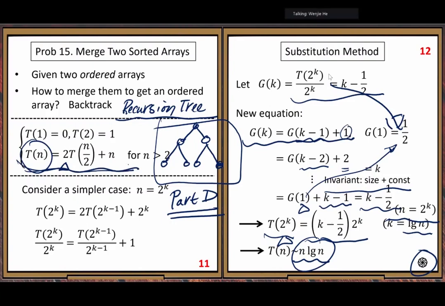So at that time, I will draw the recursion tree to show you how to estimate.